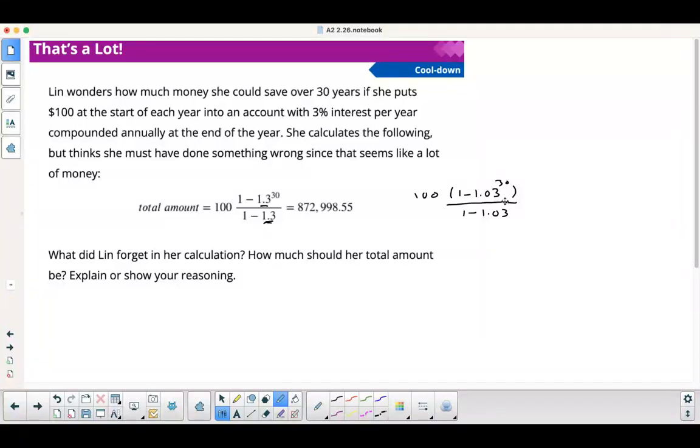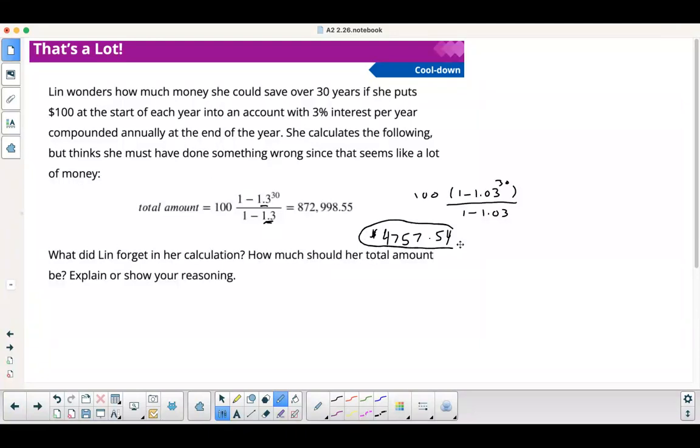So I'm going to type into my calculator here and calculate it. And here's what I got. I got 475754.